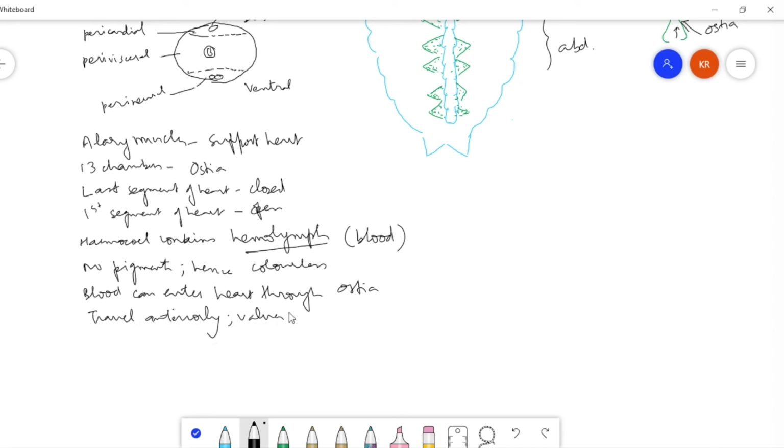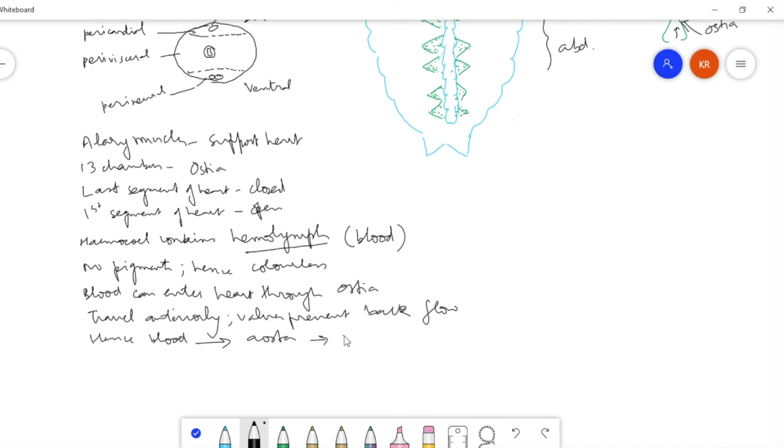The valves prevent backflow, and therefore it will go, hence the blood travels to aorta, which is the first chamber of the heart.